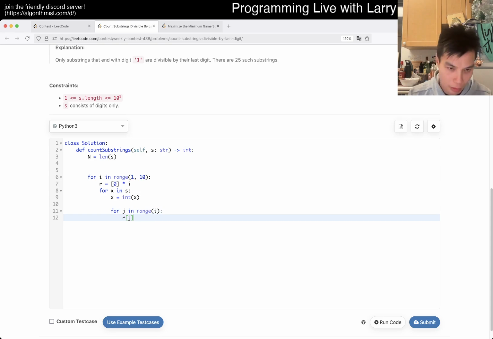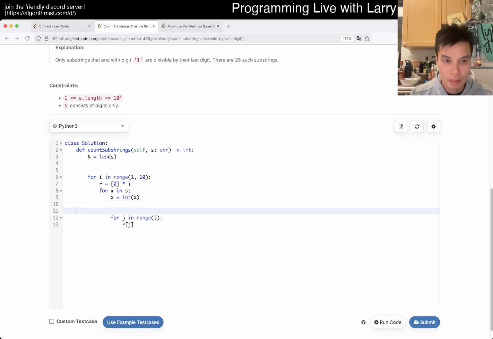The new R, new R sub j is equal to how many we had previously.